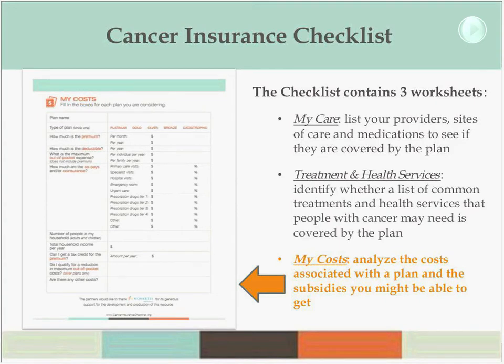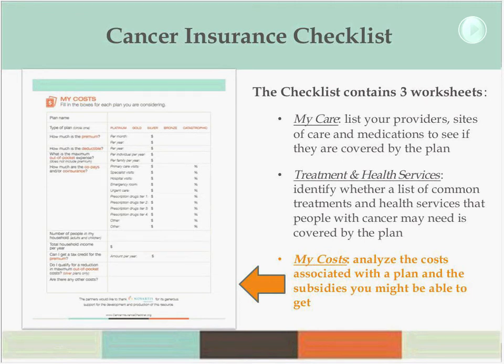The final page of the Cancer Insurance Checklist allows you to compare worksheet number 1 and worksheet number 2, and it allows you to compare them as they relate to the plans. You've heard Fran talk about the metal plans: platinum, gold, silver, bronze, catastrophic.